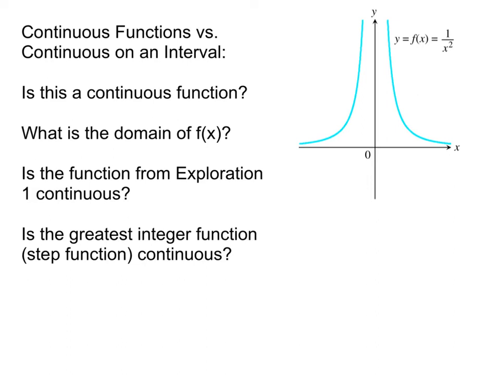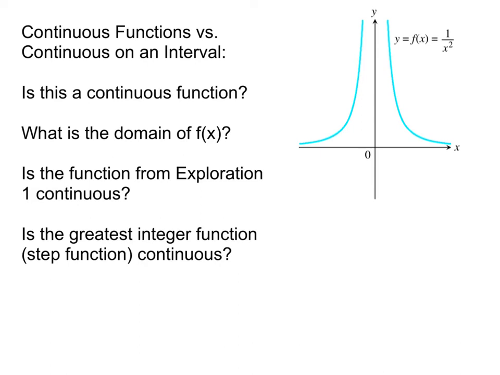So the last question on here is: is the greatest integer function, in other words a step function, continuous? Hit pause and write down your answer. Well, the domain of the greatest integer function is all real numbers.